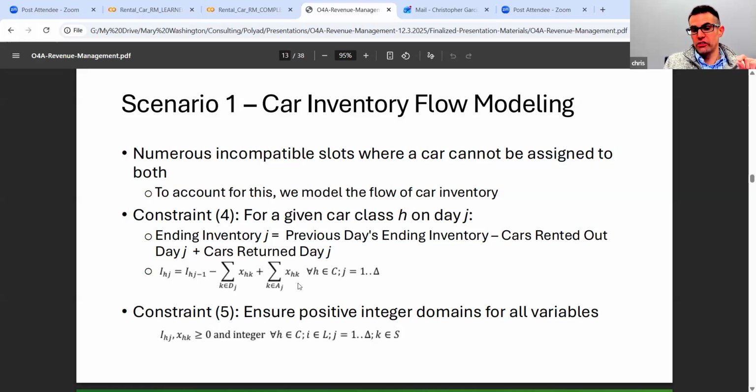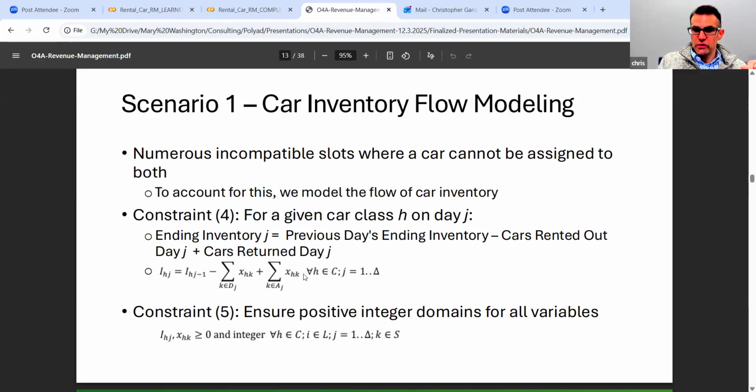And then similarly, for all the cars that are going to be arriving or returned, I'm going to use my set A_J. Remember, set A_J is all the slots that have cars coming back today. So I'm summing over K in A_J, X_HK. That's going to be my grand total of cars that are being returned here.